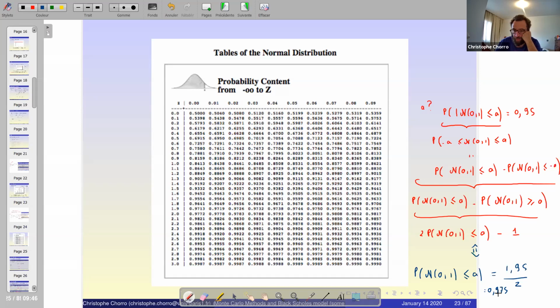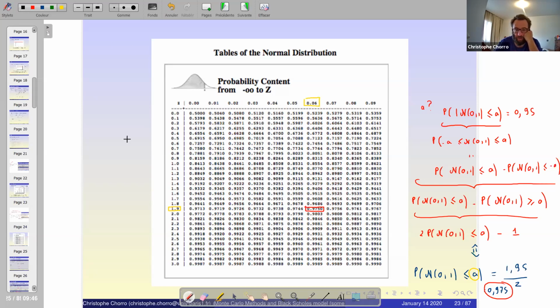And I see in this table that you have here the number of interest, that is this one here, that you will obtain for A. That is given by 1.9 here plus 0.06.